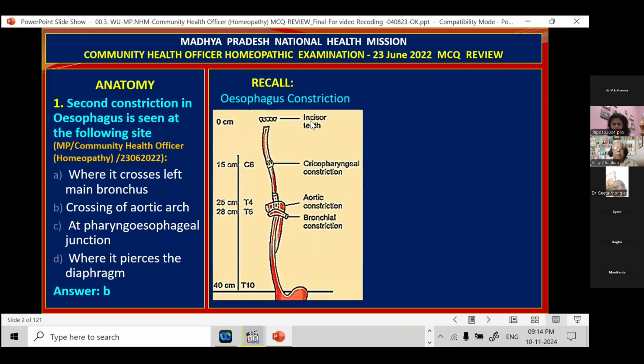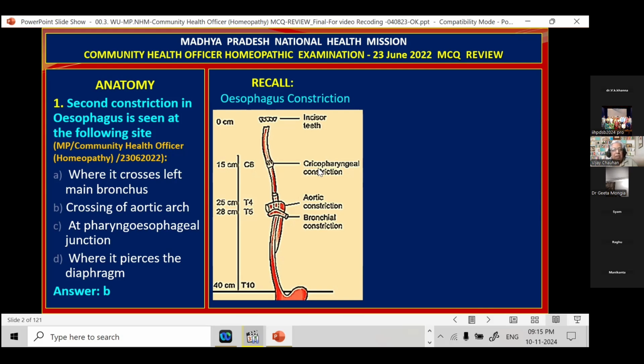Here is the cricopharyngeus junction, 15 centimeters from incisor teeth, at the C6 level of cervical vertebra.